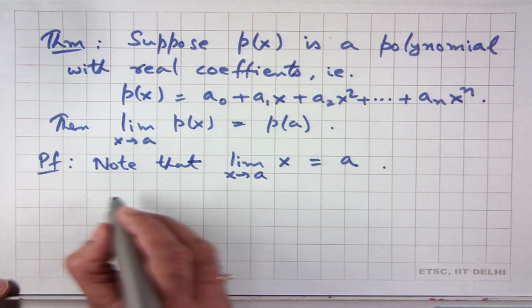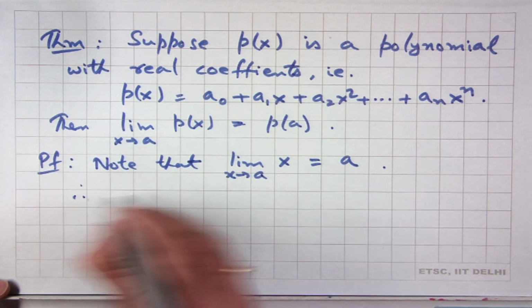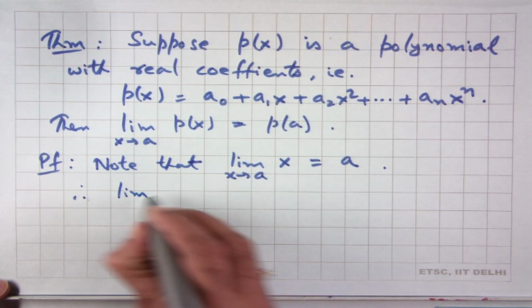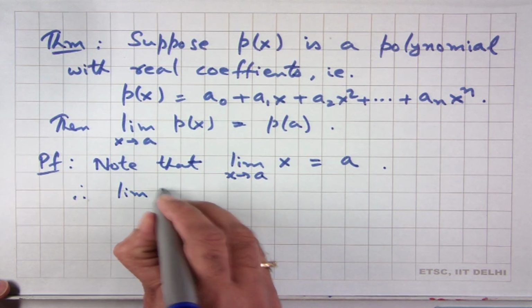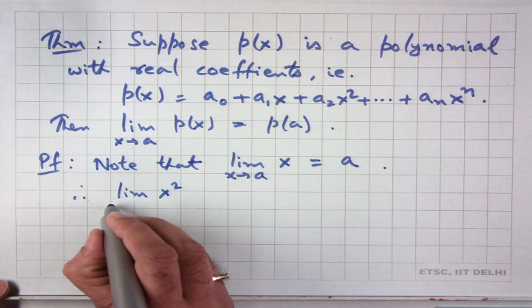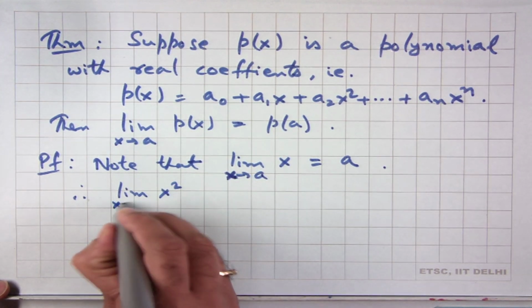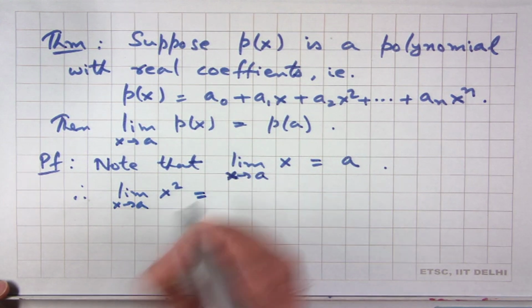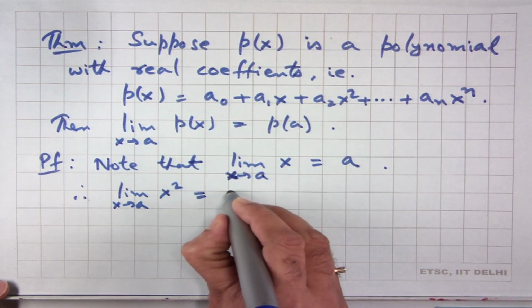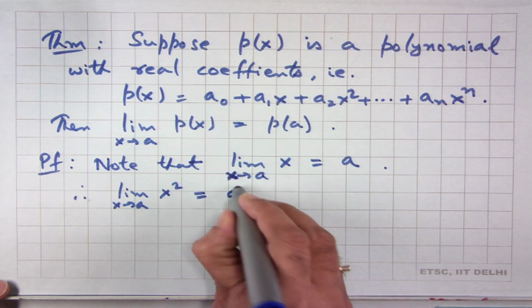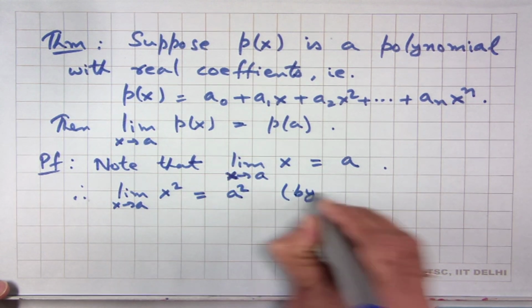So, using this, therefore, the limit of x square as x goes to a, this will be equal to simply a square by the product rule.